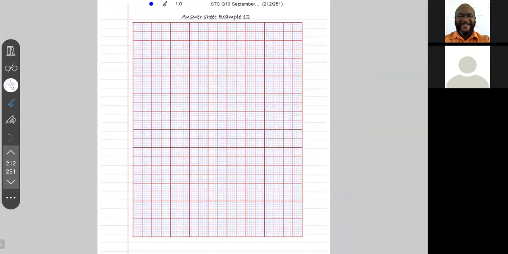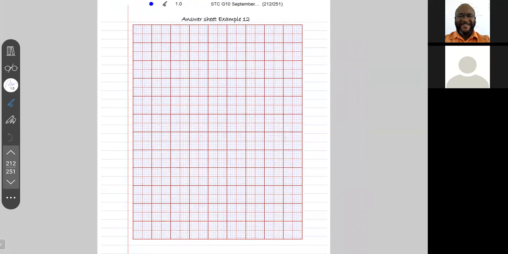All right, so where would I put the y-axis? The lowest value of x is minus 3 and the highest value is positive 2. I could roughly put my y-axis here.